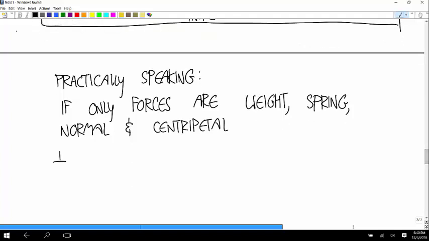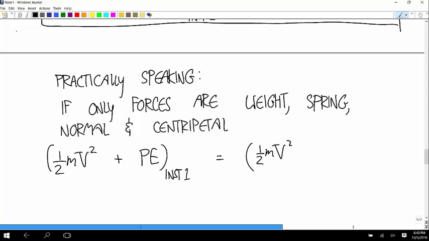So 1/2 m times speed squared plus the total potential energy at instant 1 is equal to 1/2 mv squared plus the potential energy at instant 2.